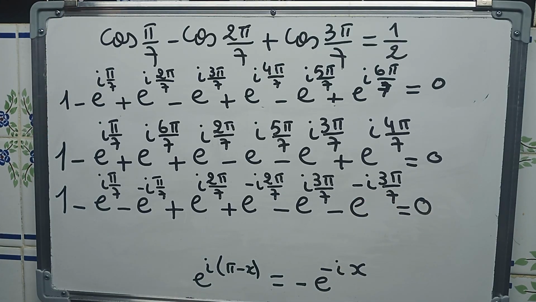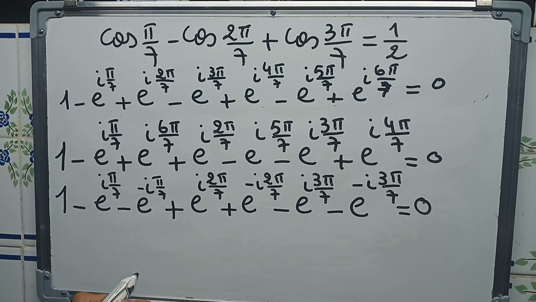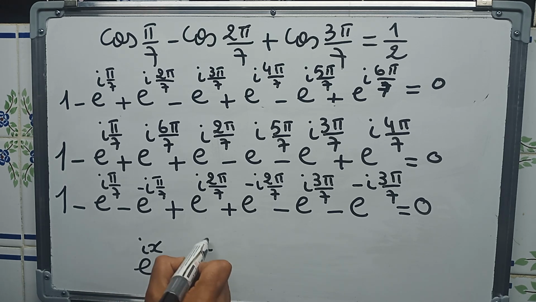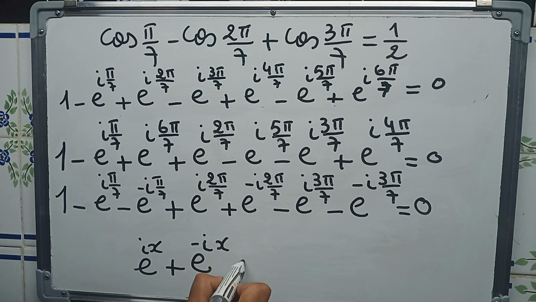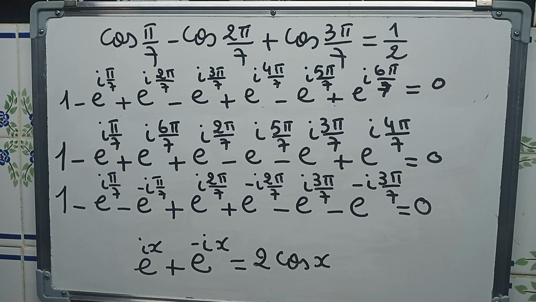And now the final step is to transform those complex numbers. Here we know that exponential ix plus exponential minus ix is equal to 2 cosine x. This we know from complex analysis. So here we will replace those three terms using this equality.